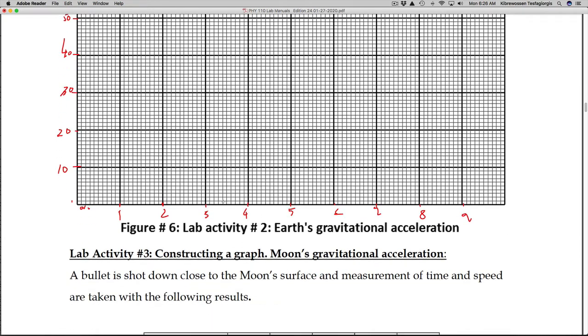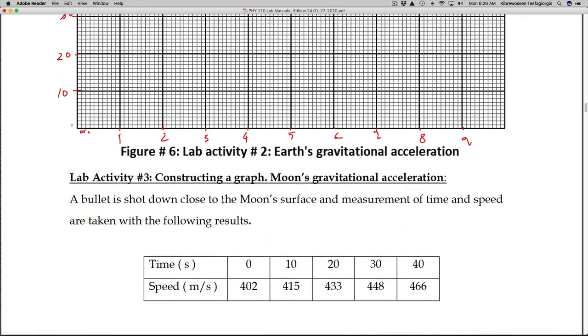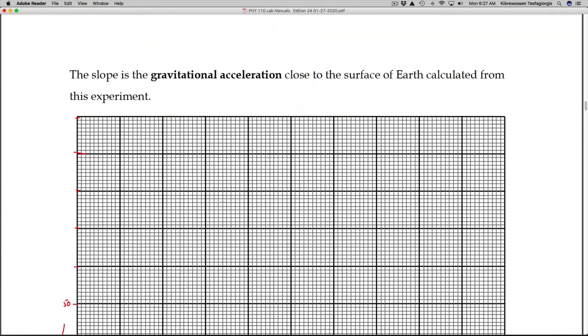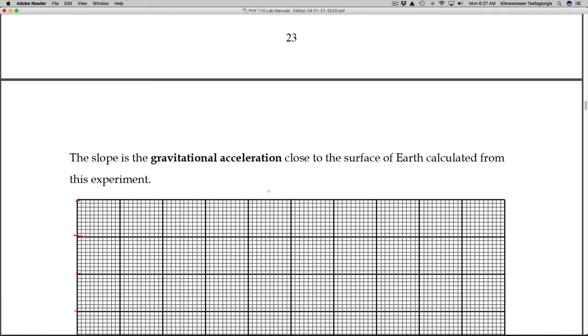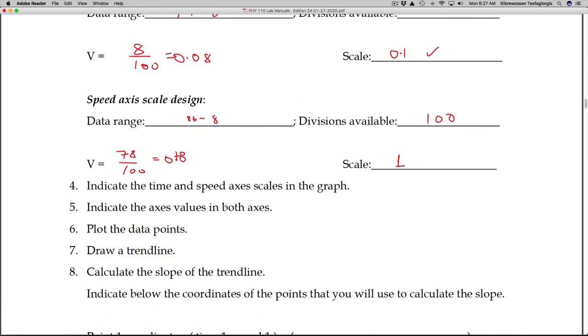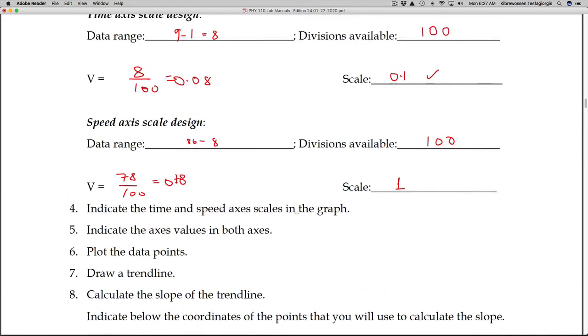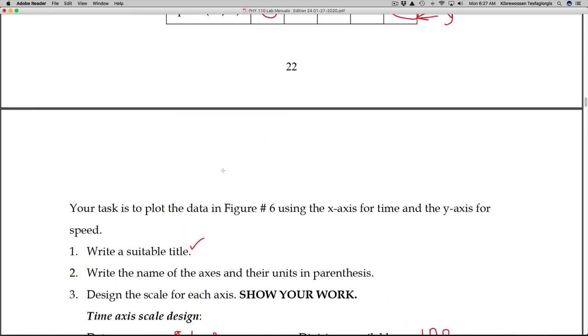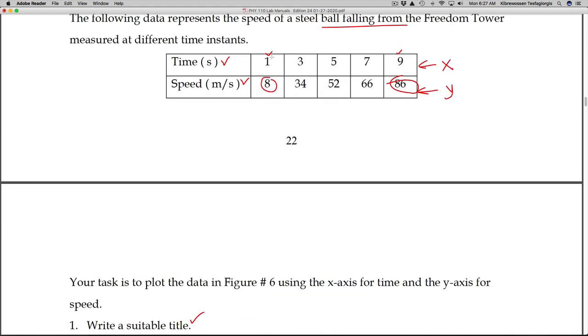Okay. Then once you do that, what you're asked to calculate is to indicate the time and speed axis on the y-axis. We already did. We found the scale. Then now we plot the points. Keep in mind, we already know how to plot the points. First data, for instance, is 1, 8, right?